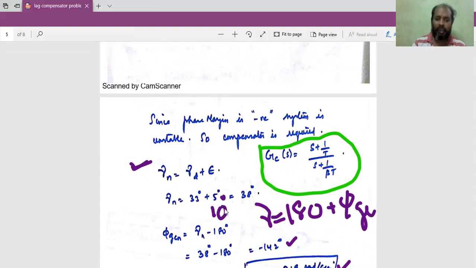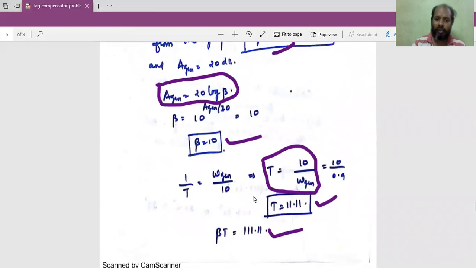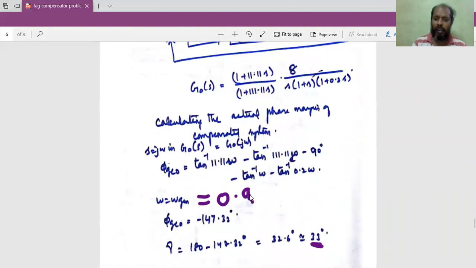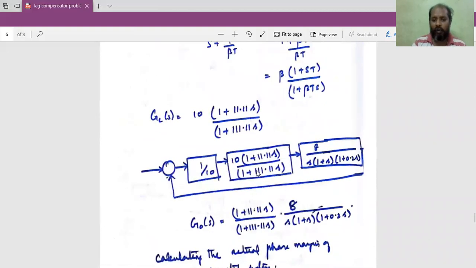So 33 plus 10 will give you 43. Put here, you will get a different value. You proceed with the same procedure steps. You will get a different gamma value, which will be a little higher than this, and the time constant value will also be different.